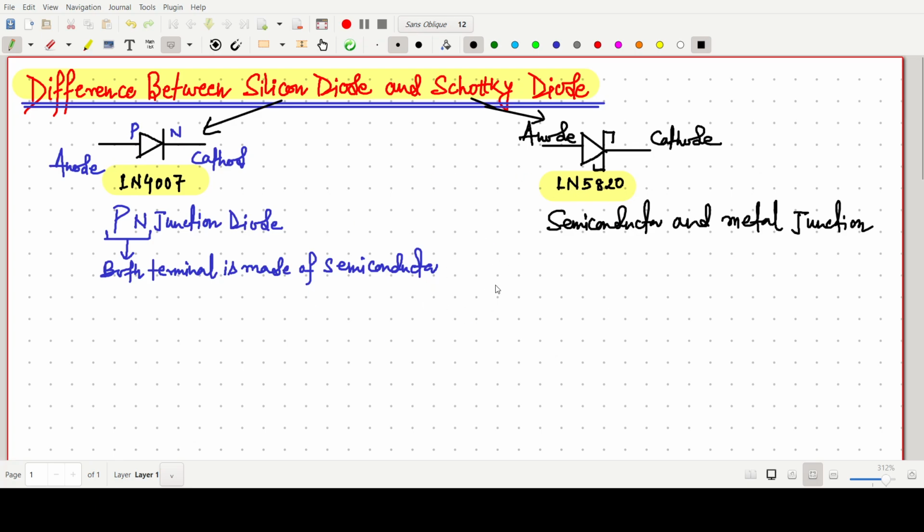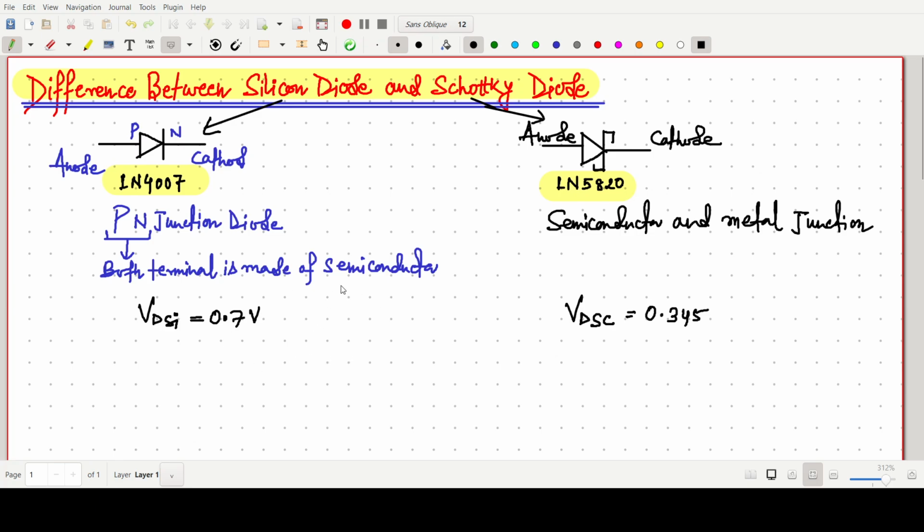First we have to know about some differences. This diode has some cut-in voltage, say VD of silicon, which we generally say is 0.7 volt. For the Schottky diode I am writing VDSC. This VDSC is quite low, like 0.3, 0.4, 0.5.